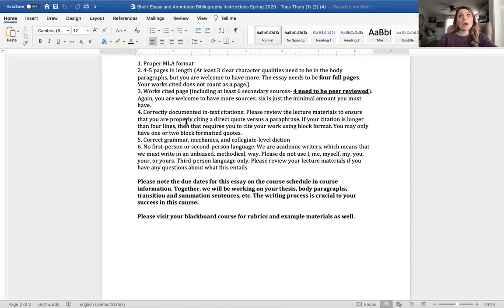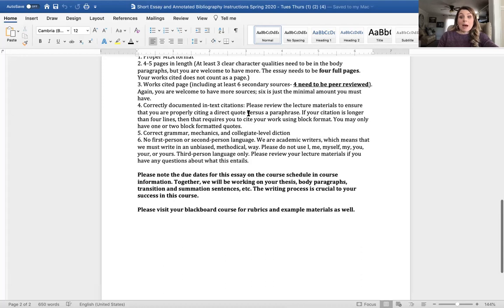We're going to get more into the details of how to correctly cite research in an essay next week. Just some things to keep in mind. There are different ways to cite for direct quotes and paraphrases. And if your citation is longer than 4 lines, then you need to be using a block format. And again, we're going to break down what that looks like next week.